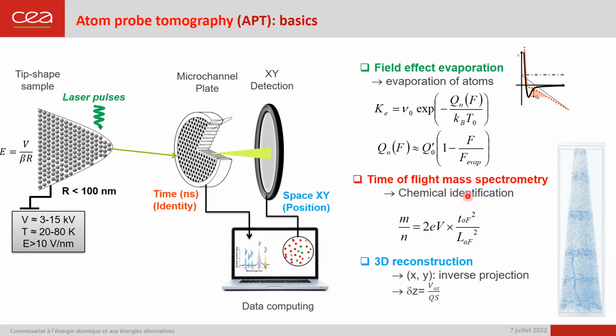And since time of flight depends on the mass over charge ratio, it's possible to identify the chemical nature of the ion. The 3D reconstruction is obtained using both coordinates of the impact of the ion on the detector with the total number of ions collected during an analysis, associated with a reconstruction algorithm.